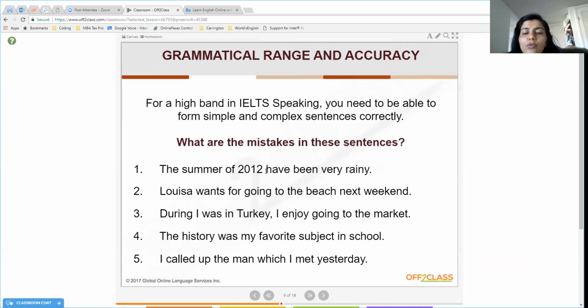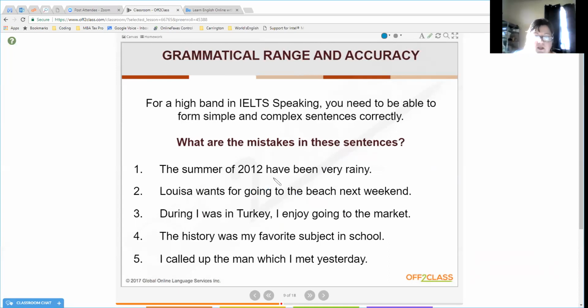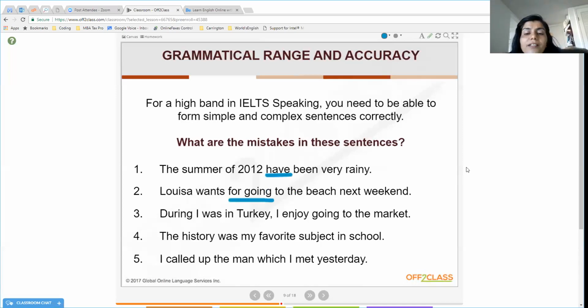Louisa wants to go to the beach next weekend. Wants to go to the beach next weekend, yes. Okay, so I'm just going to underline the ones that are incorrect. Okay, number 3. It can be two ways.